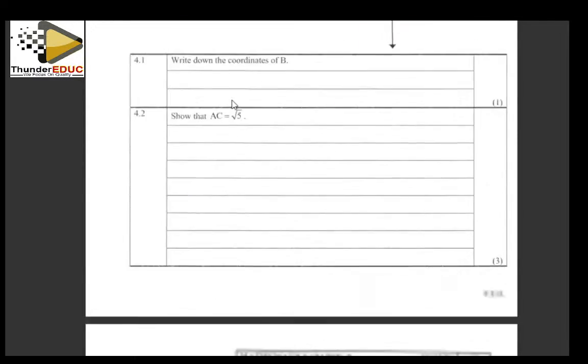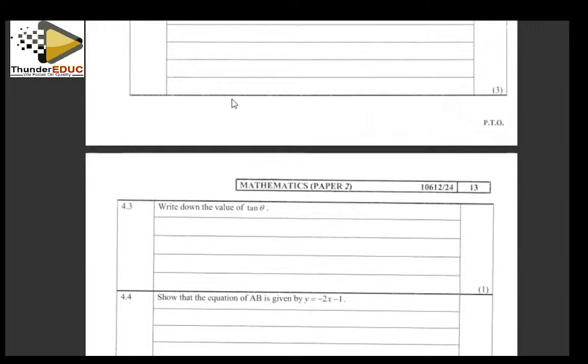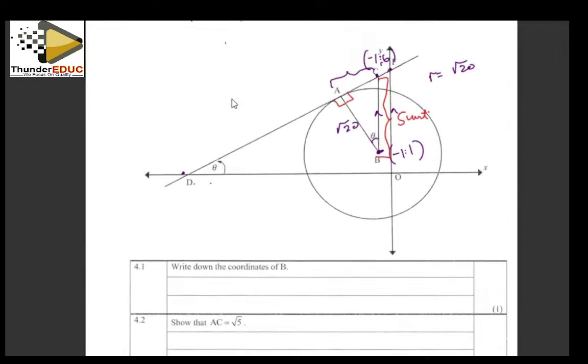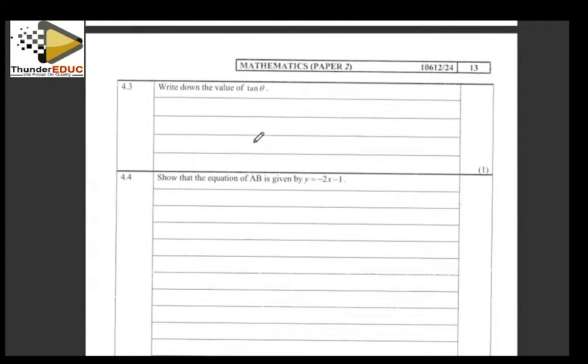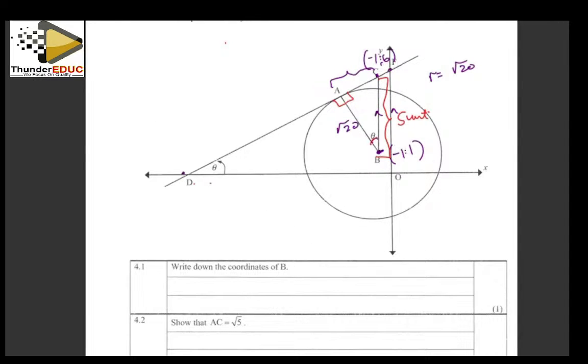Then 4.3, they want us to get the value of tan theta, the tan of theta. Since we've got this as root 5, we know that the tan of theta is the opposite over the adjacent.